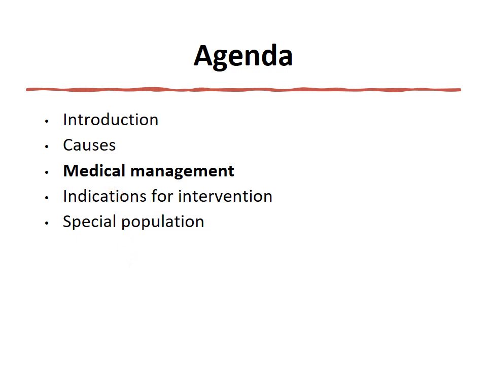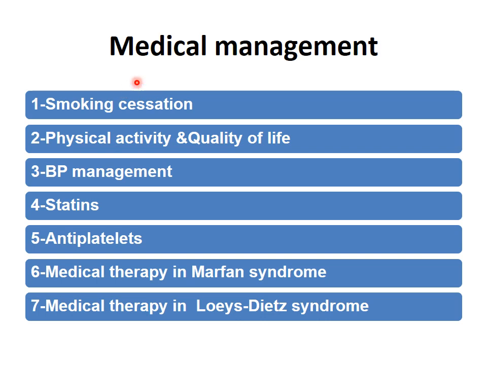Now let's move to the medical management of aortic aneurysm. The medical management includes 7 items. The first one is smoking cessation, then physical activity and quality of life, blood pressure management, statins, antiplatelets, medical therapy in Marfan syndrome, and finally medical therapy in Loeys-Dietz syndrome.